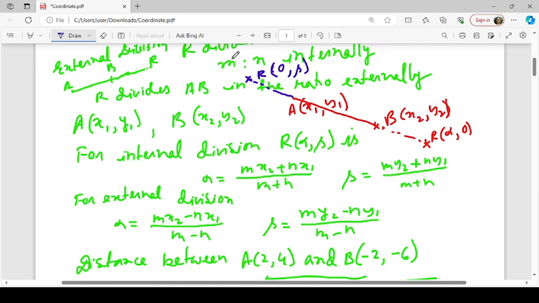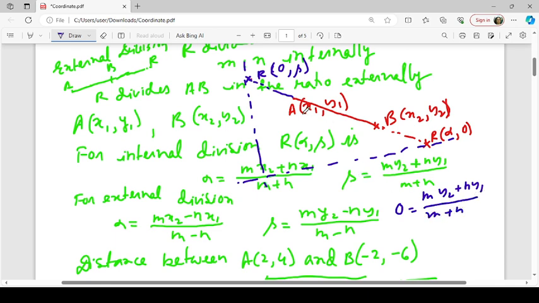This is the x-axis, and this is the y-axis. So for R, 0 will be equal to (m y2 plus n y1) by (m plus n).